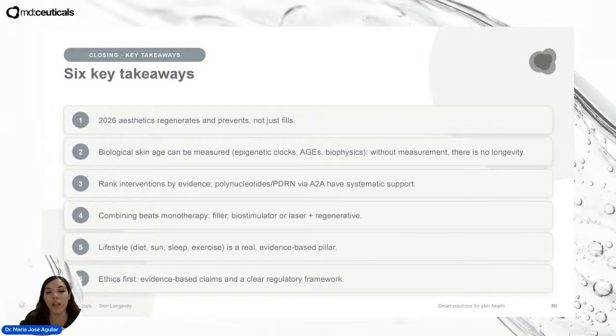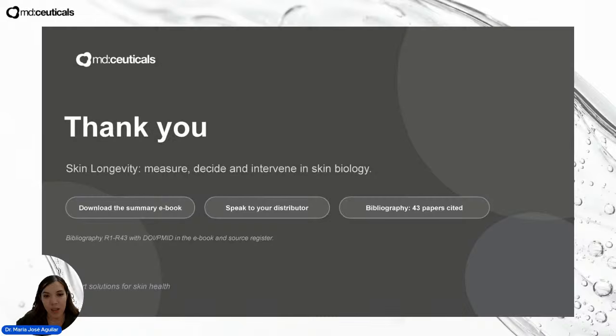And always ethics first, try to make clear to the patients that this is not a radical change like could be in the older days with fillers. This is more natural. This is going to slow down the process, and also increase the natural energy of the cells, so we can be sure that we are going to have a good activity in the cells.